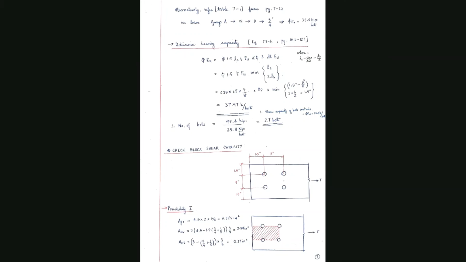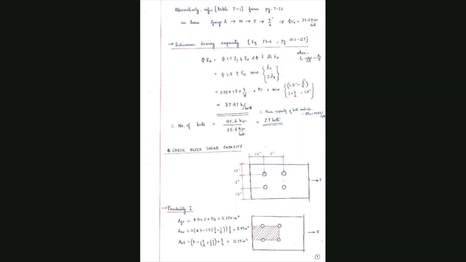We are using a 3/4 inch bolt. Half of that is 3 over 8, and you have to check it against 2 times the diameter of the bolt, which is 1.5 inch. The capacity is then calculated as 37.97, and from these two values we see that the shear capacity of the bolt controls. So we take the value PRN as 35.8.